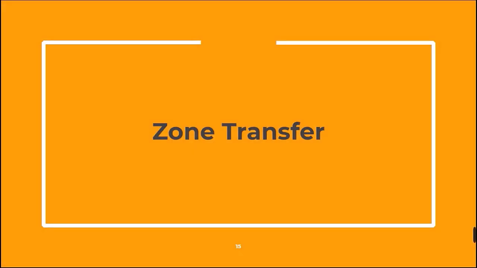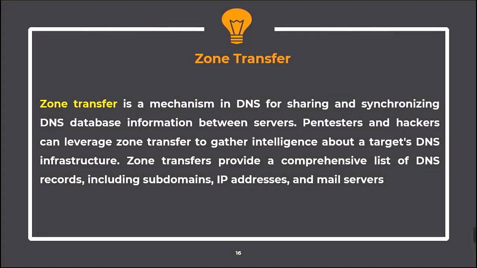Now let's see what zone transfer is, which is very essential for any pen testing assignment. Zone transfer is a mechanism in DNS for sharing and synchronizing DNS database information between servers. Pen testers and hackers can leverage zone transfer to gather intelligence about the target DNS infrastructure.